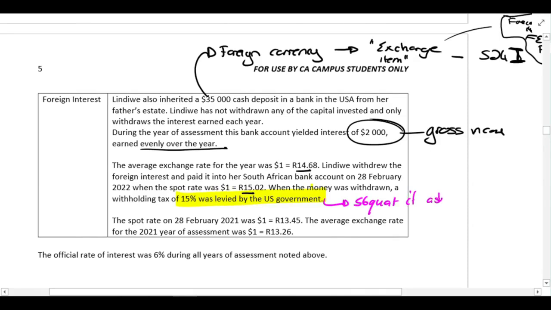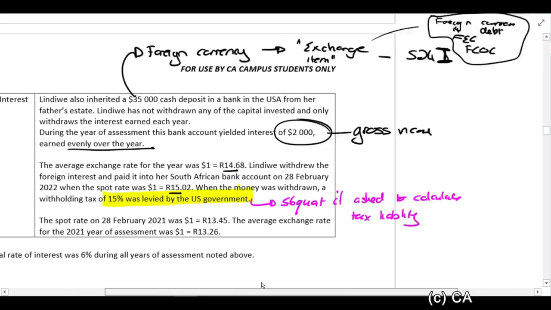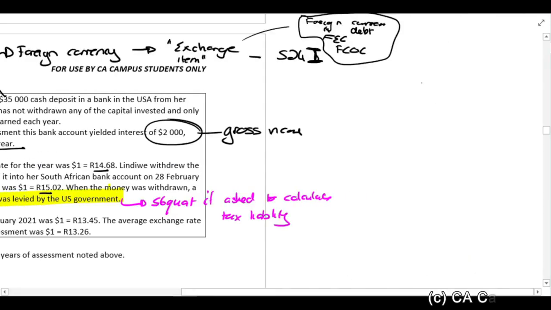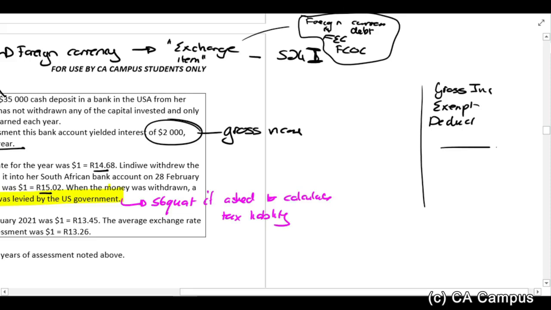If asked to calculate tax liability, remember, if this was a tax calculation where you go gross income, less exempt income, less deductions, you calculate the taxable income.